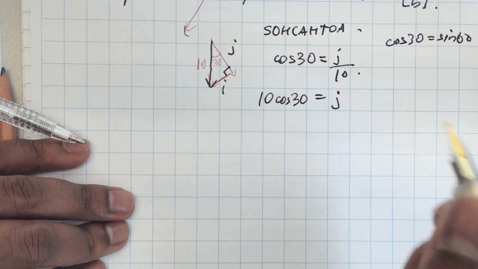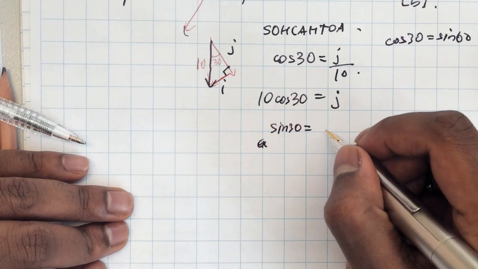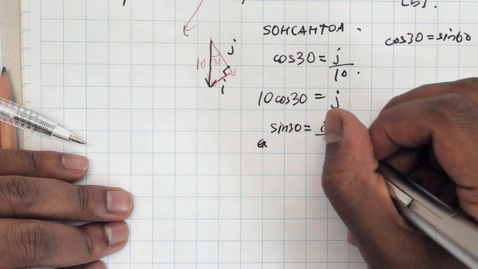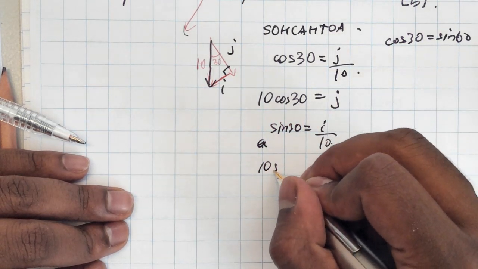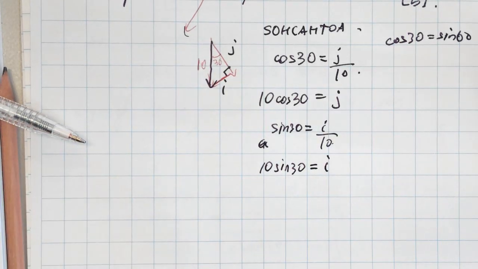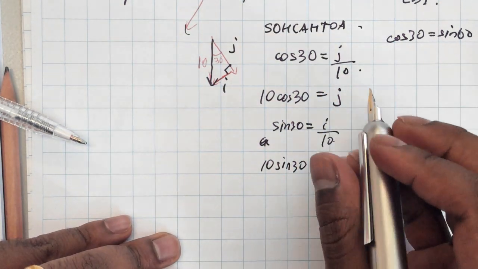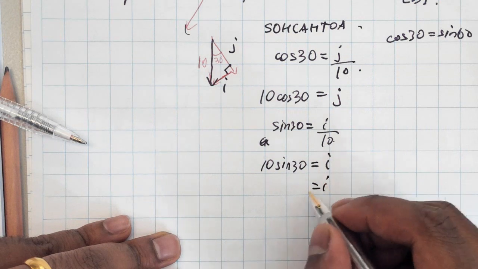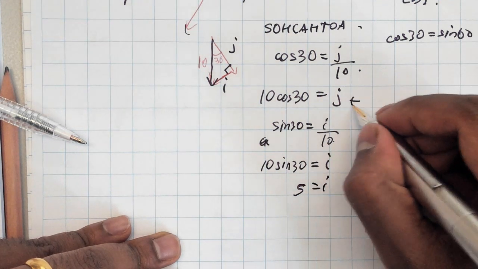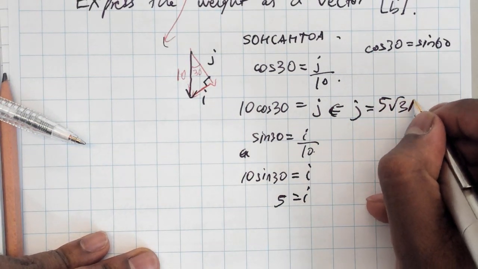And to work out the I, sine 30 equals I over 10. Therefore, 10 sine 30 equals I. And that's it. Let's solve. If we solve for J and I, I becomes 5, and J solves to 5 root 3.